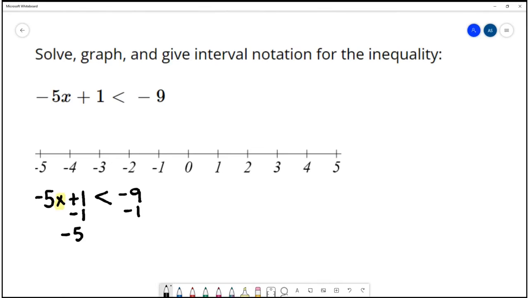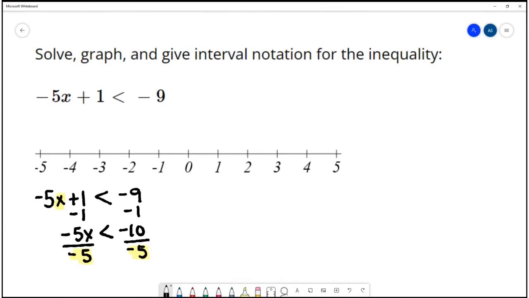This leaves us with negative 5x on the left-hand side, less than negative 9 minus 1, that's negative 10. We'll divide both sides by negative 5. And once again, we're dividing both sides of our inequality by a negative, so we need to reverse our inequality symbol.